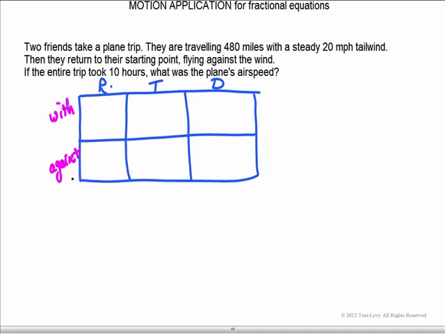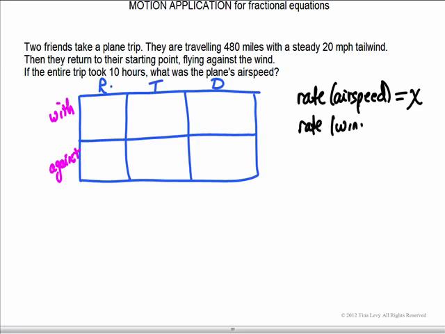In order to have the rate with the wind, I need the rate in still air, or the airspeed, plus the tailwind. So in order to have that rate, I need both. I need the airspeed of the plane, which I don't know, and I'm going to call that x, and I need the rate of the wind, the tailwind.